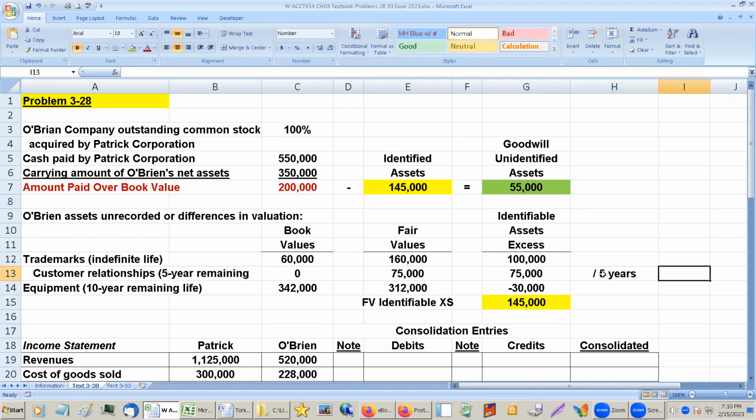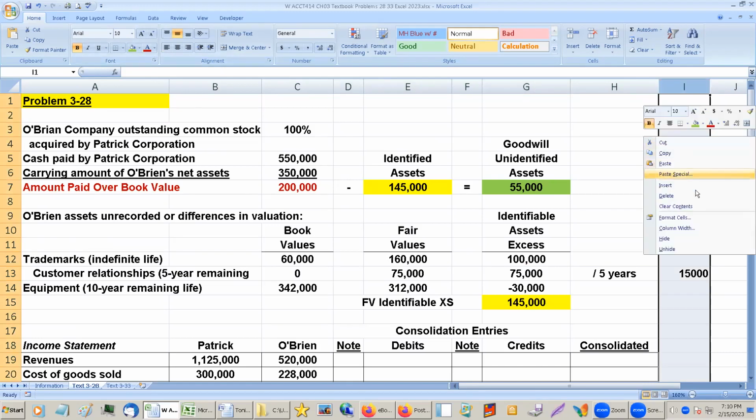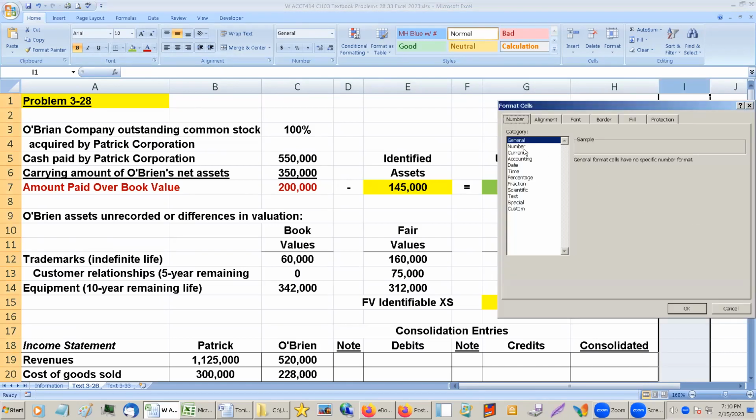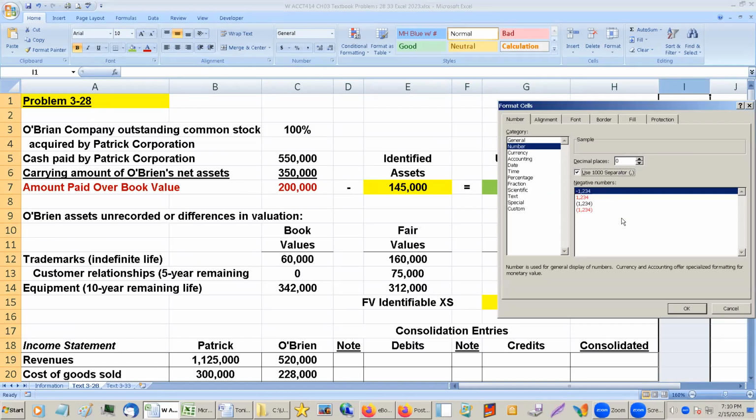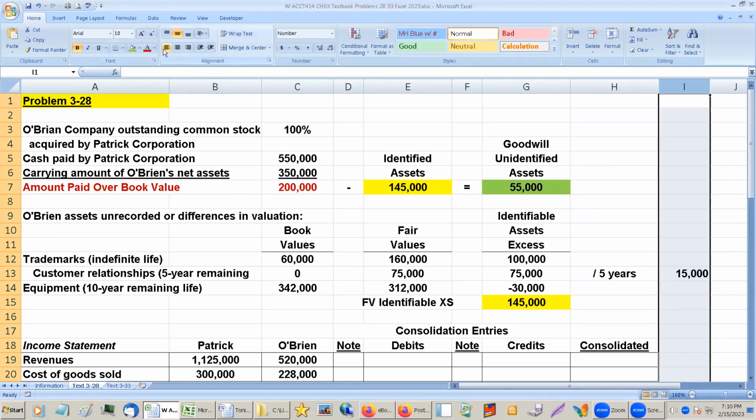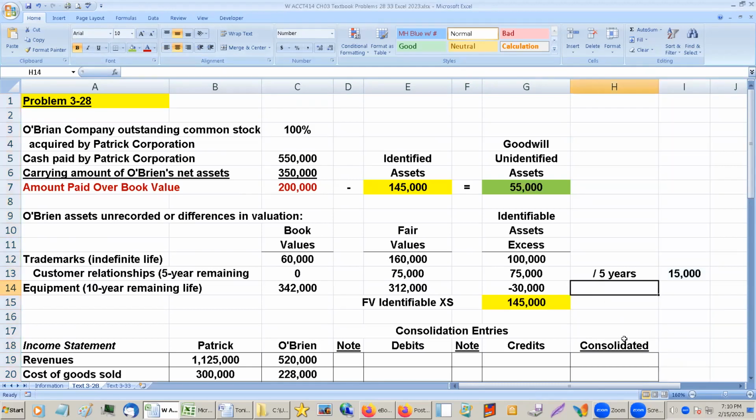So I've got to divide by 5, which is 15,000. And this one's kind of weird, though. This would be divided by 10 years.